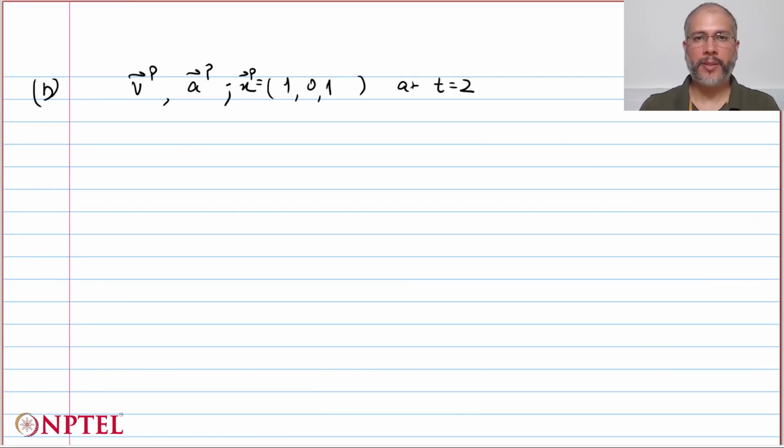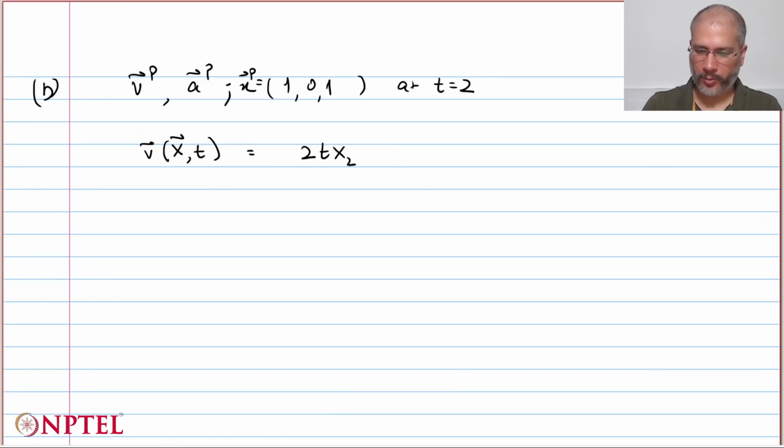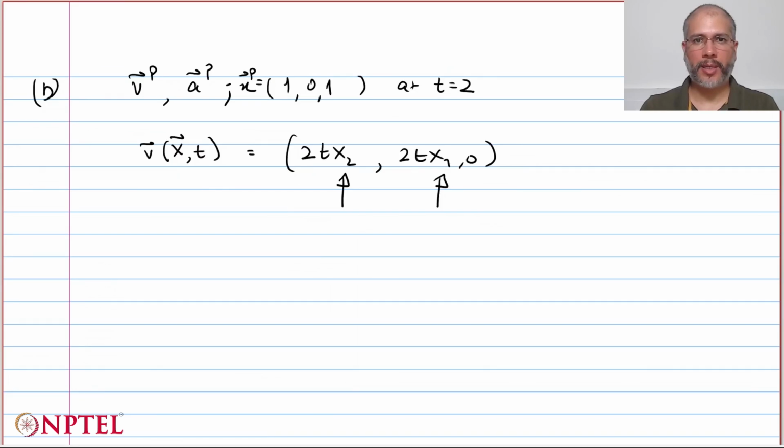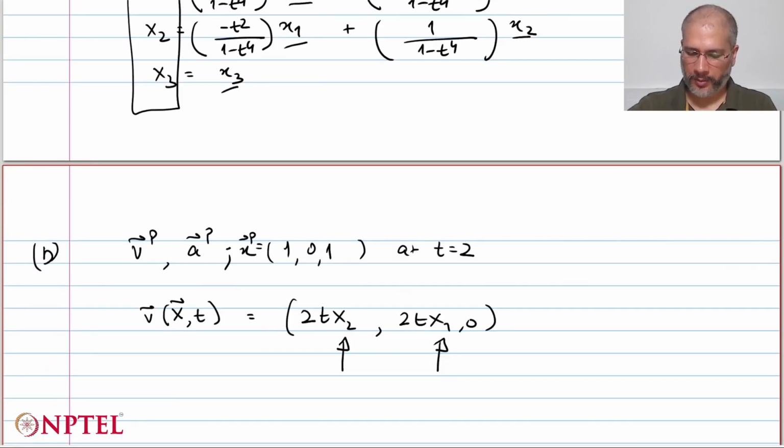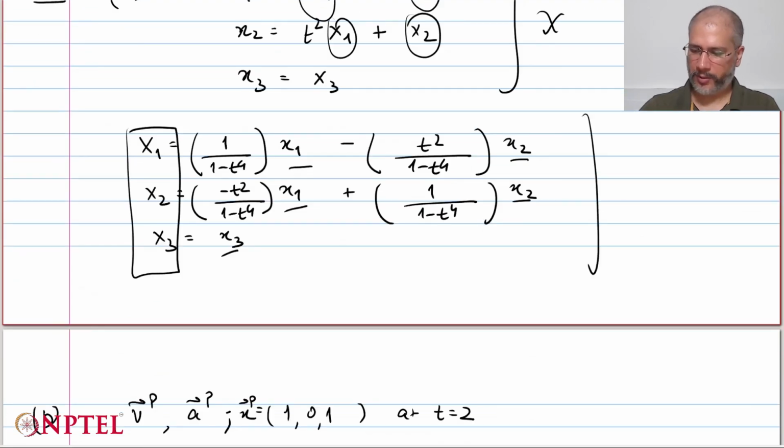Now in the previous exercise, we had found the velocity field as a function of capital X and t, which was 2tX2, comma 2tX1, comma 0. All we now need to do is to substitute for these capital X1, capital X2, and capital X3 using the chi-inverse transformation we just found.